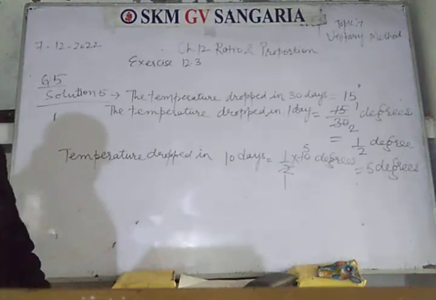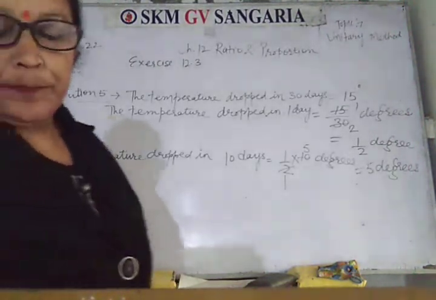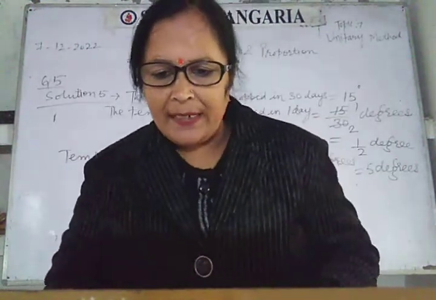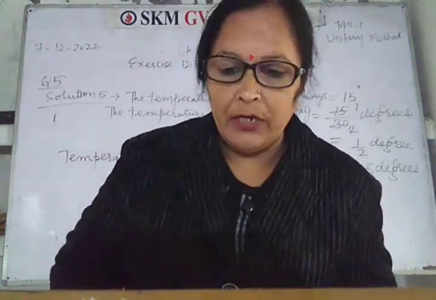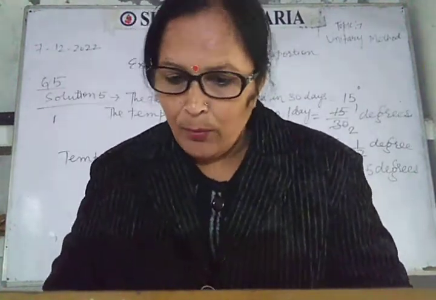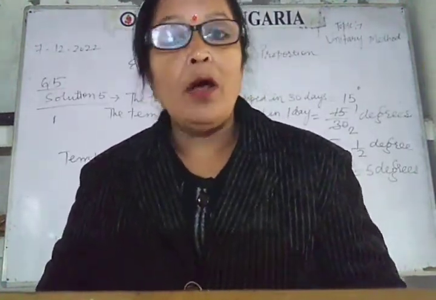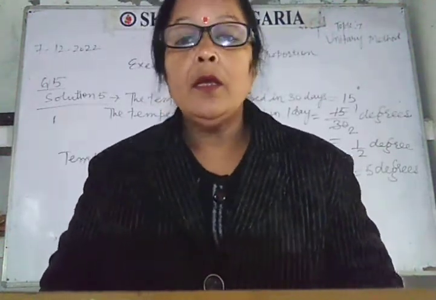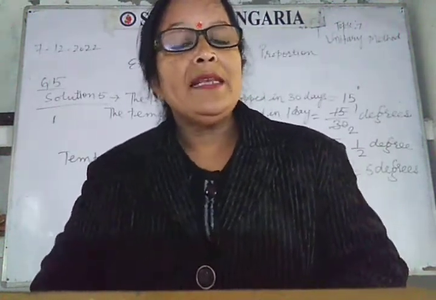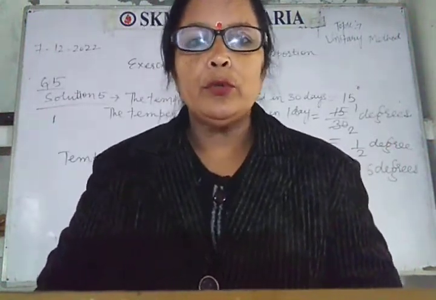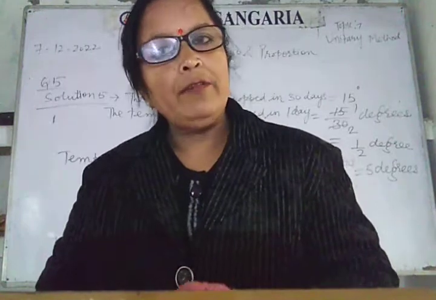Then question number 6 here. Shaina pays rupees 7,500 as rent for 3 months. How much does she have to pay for a whole year? First of all, Shaina pays rent for 3 months, that is equal to rupees 7,500.